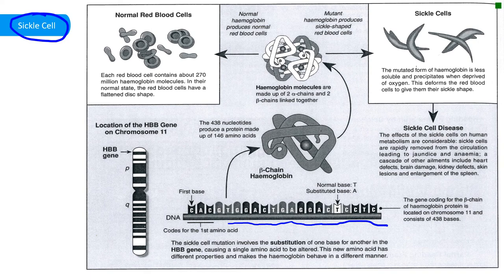So this is a nice little picture which describes what's going on, but I would suggest that when you're writing your assignments, you're looking into it and doing your own research. Normal red blood cells have 270 million hemoglobin molecules in their normal state, which means this one little red blood cell, this one little erythrocyte, has 270 million molecules of hemoglobin.